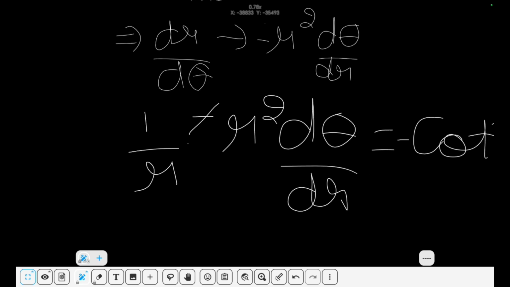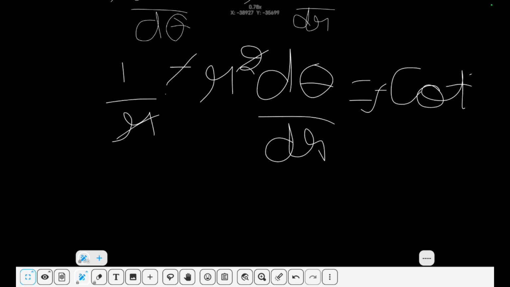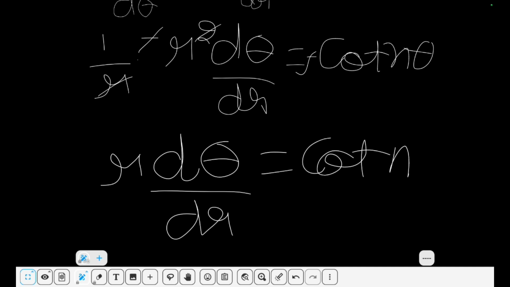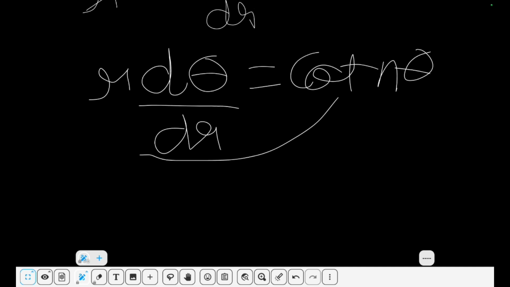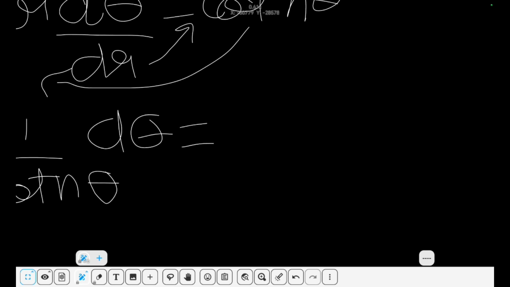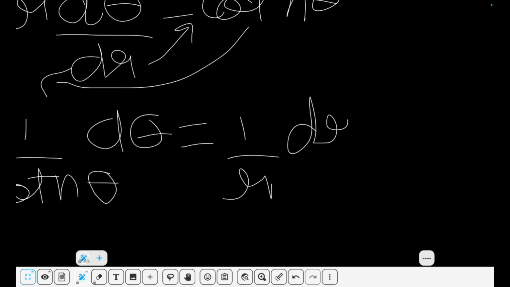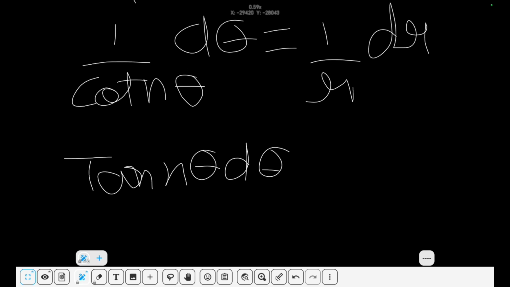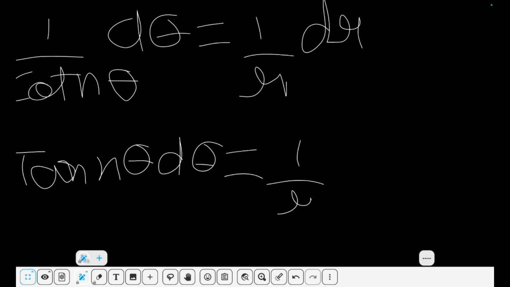So minus and minus I can cancel, r and r I can cancel, that gives me r into d theta by dr equals cot n theta. I separate theta terms and r terms, 1 by cot n theta into d theta, that gives me 1 by r into dr, just cross multiplication. 1 by cot is tan, so tan n theta into d theta, that equals 1 by r into dr.